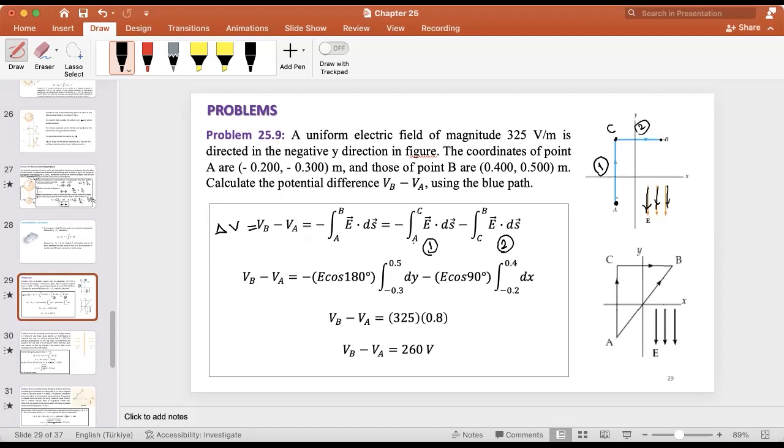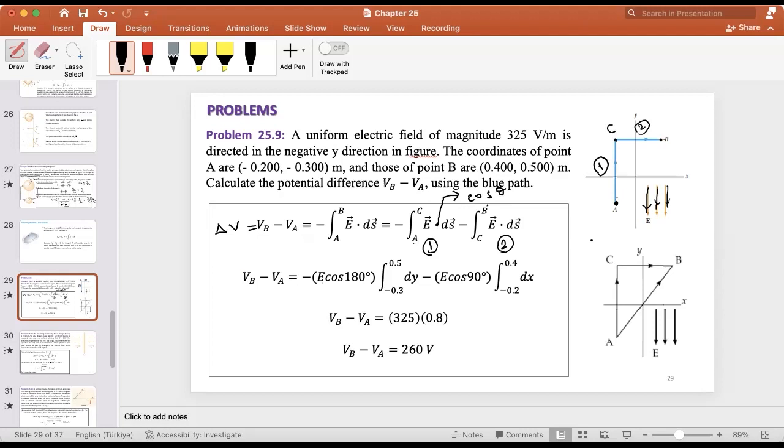What about the limits of the second path? It starts from C to B. Can you see? Okay, we write all the information. What is the dot product? If there is a dot product, you need to multiply by cos theta, isn't it? So now we can write this information.